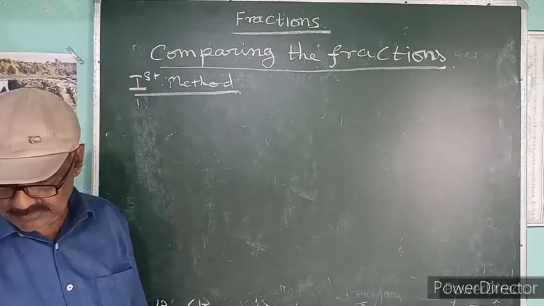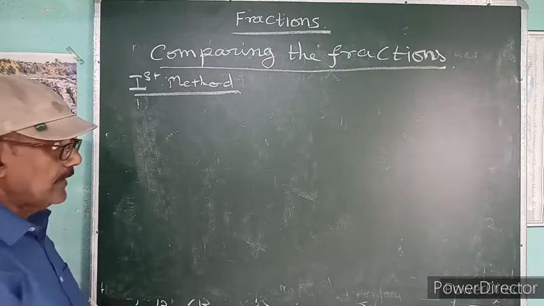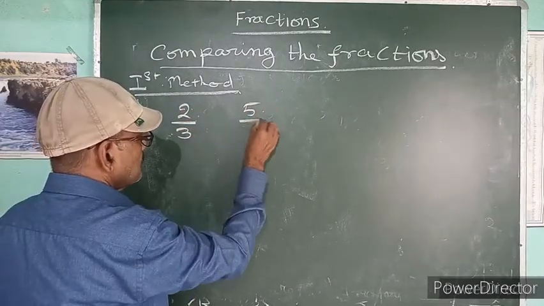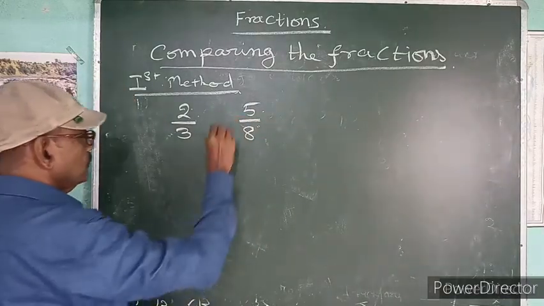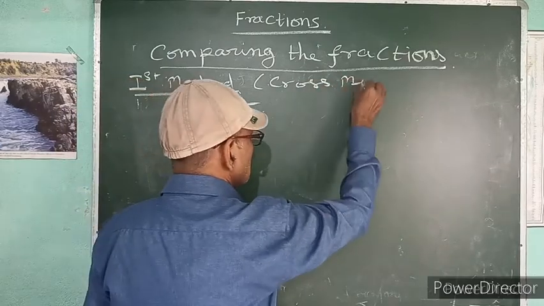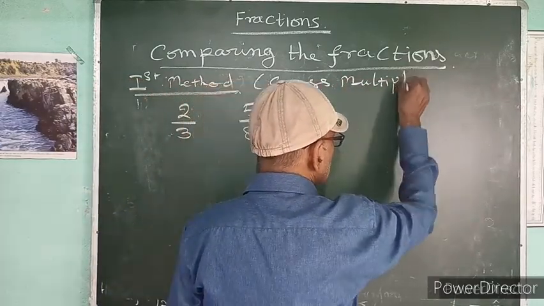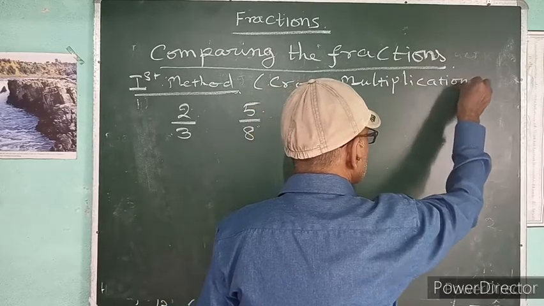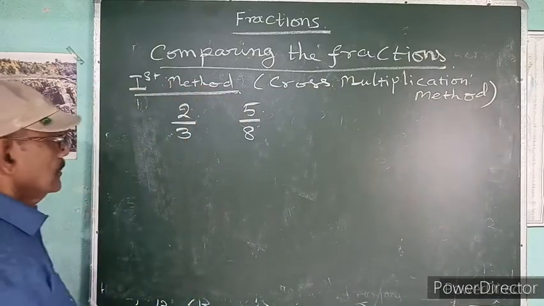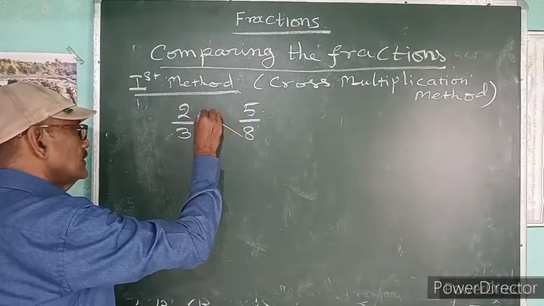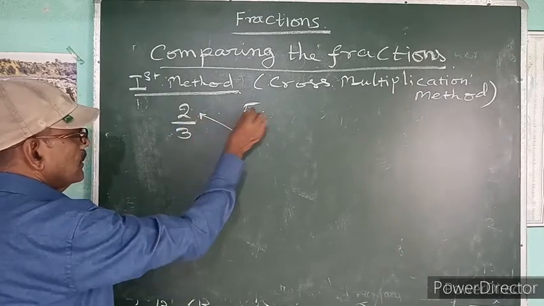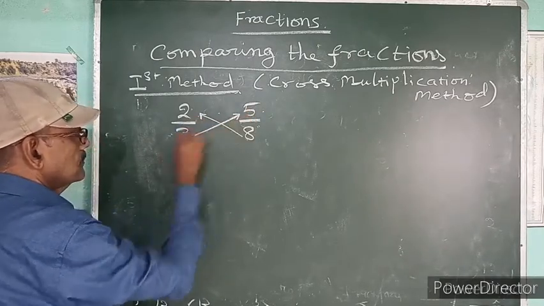As for example, 2 by 3 and 5 by 8. This is the cross multiplication method. Now we will multiply 2 by 8 and 5 by 3.